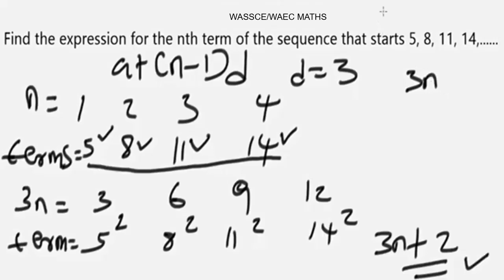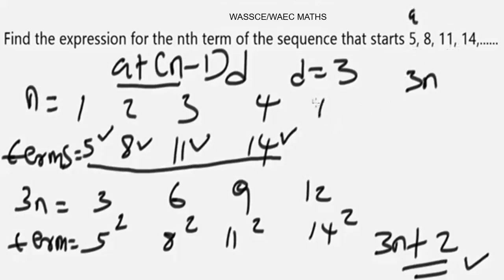Now, using this formula, if you're asked to find, let's say, the 5th term or the 6th term, let's say the 6th term. In this example, A stands for the first term, so the first term in this question is 5.